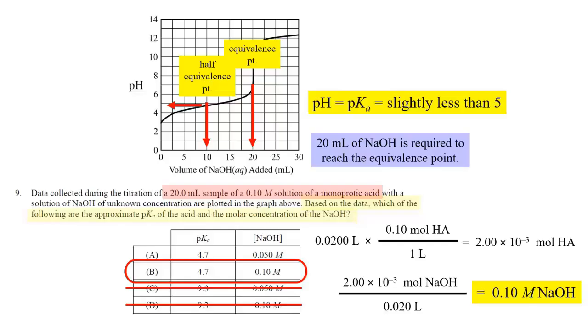So the correct answer to question 9 is choice B. The pKa, as determined from the half equivalence point, is slightly less than 5, so about 4.7, and then the concentration of the sodium hydroxide matches the concentration of this monoprotic acid. Same volume, same concentration. All right, well, that's the answer to question 9.